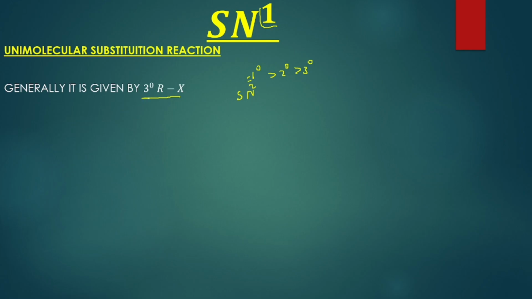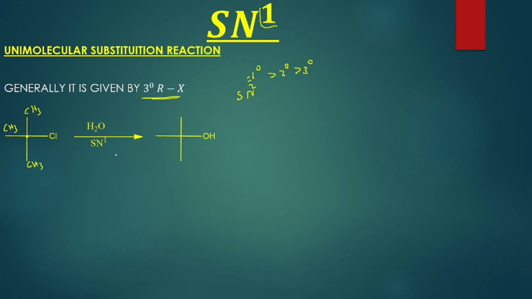In the SN1 reaction, tertiary alkyl halides will give the SN1 reaction. In the reaction you see, this is the tertiary alkyl halide, with all methyl groups present over here. When treated with water, here water is acting as a nucleophile.